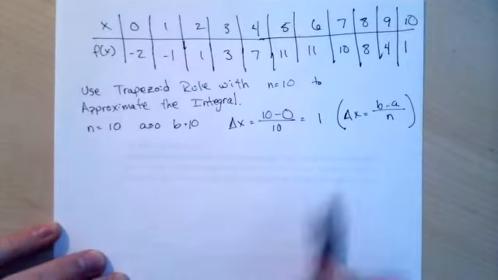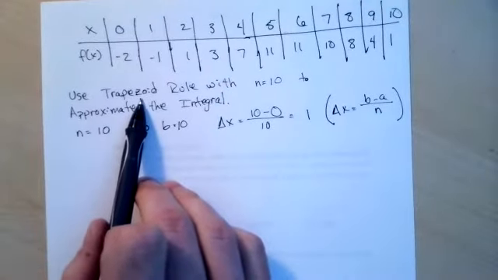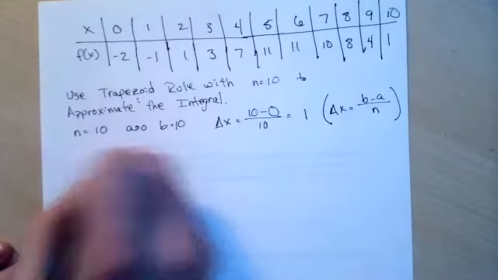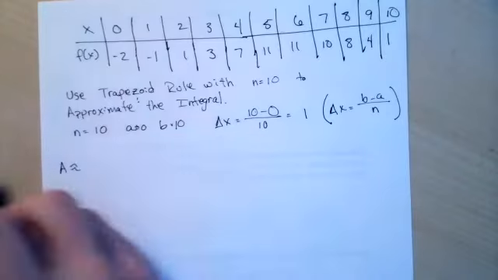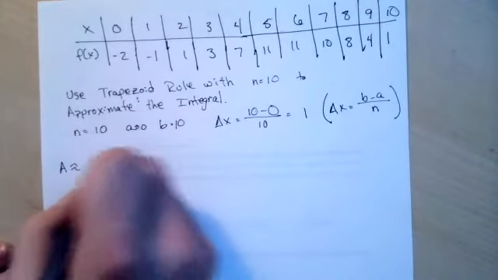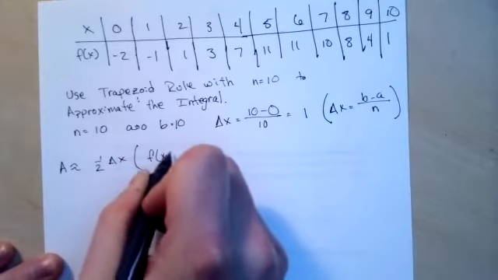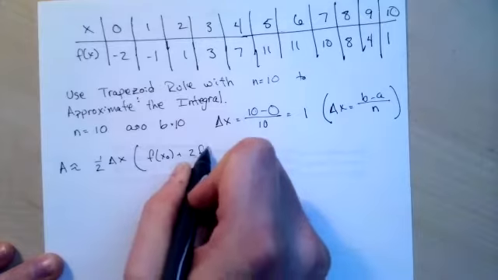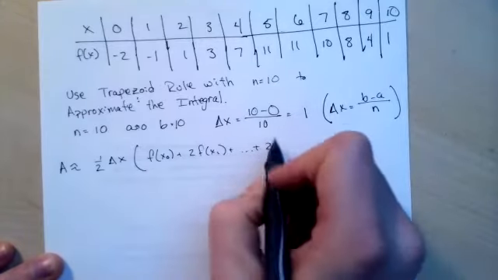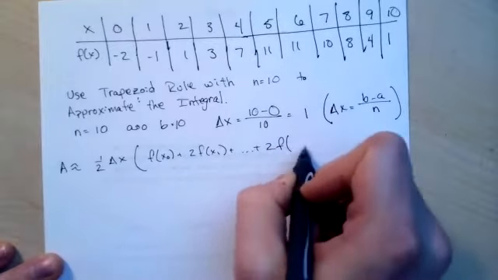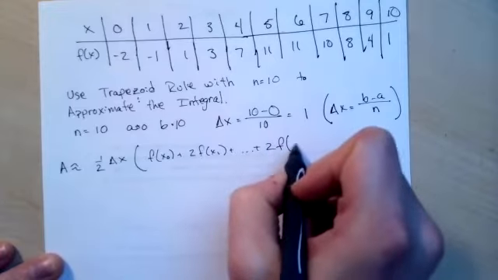And then, of course, the other thing to write out is the formula for our trapezoid rule. So we want to take one half delta x, we want to multiply all of the middle terms, so all the middle y values, by 2.